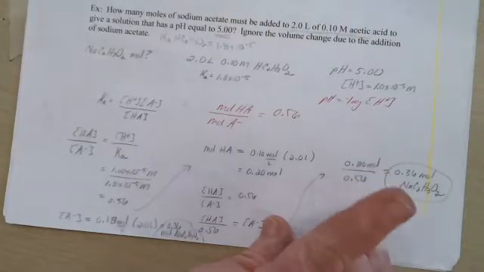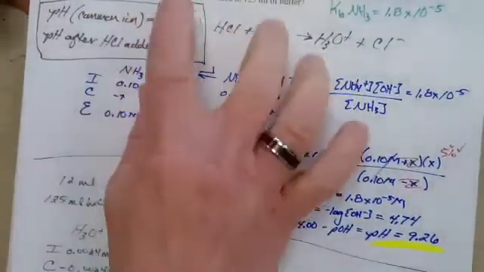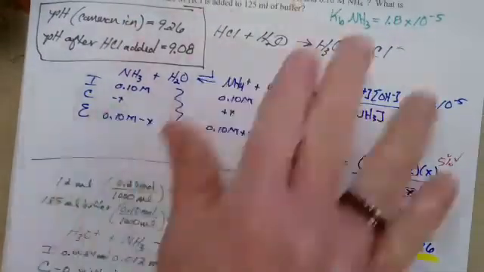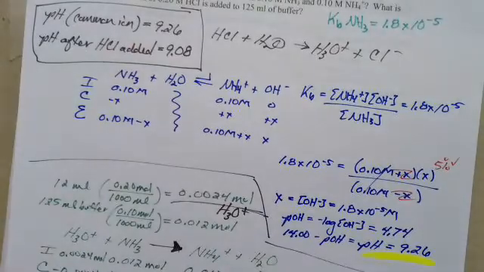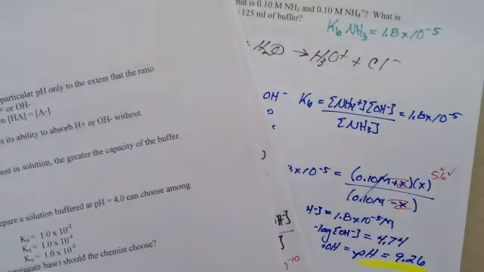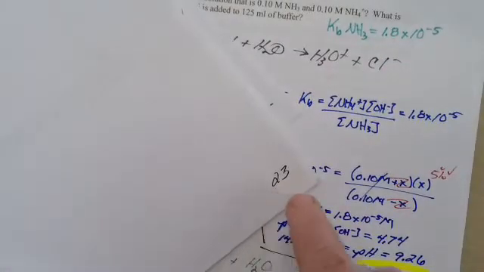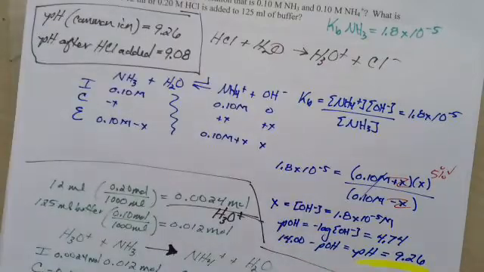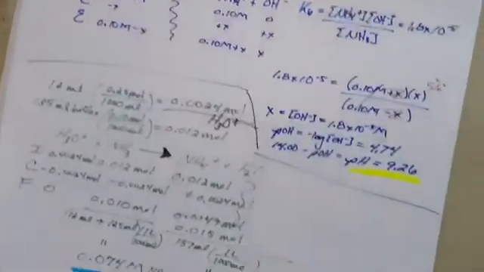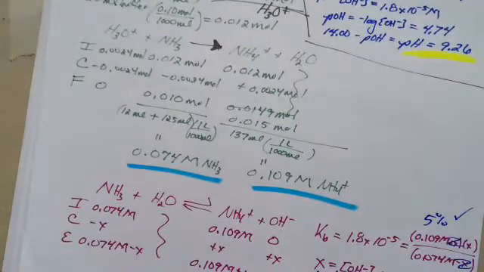We definitely want to make sure that we can do this adding volumes kind of buffer problem. In your packet, that is the one that we find on page 23. We want to make sure that we can tackle this kind of problem.